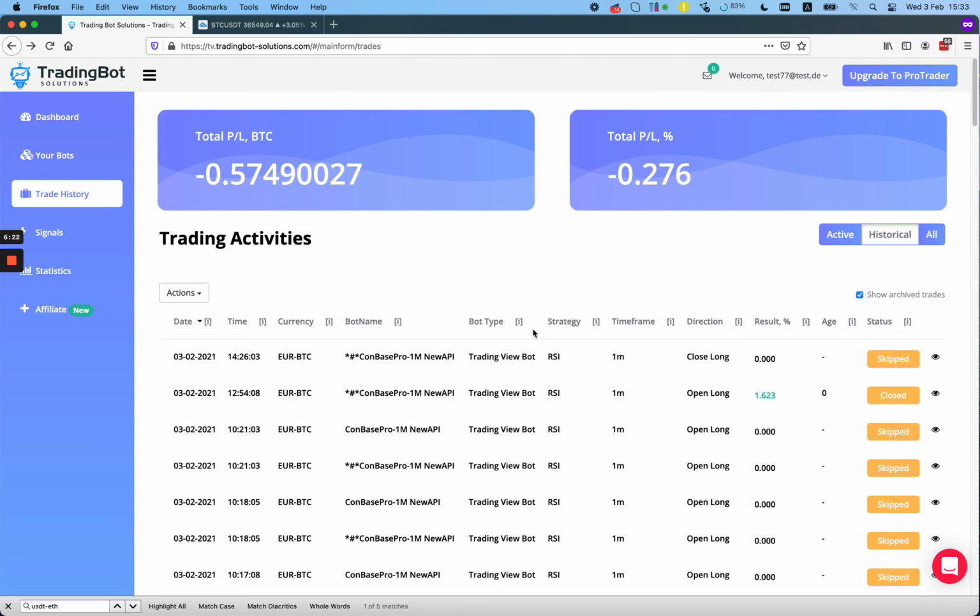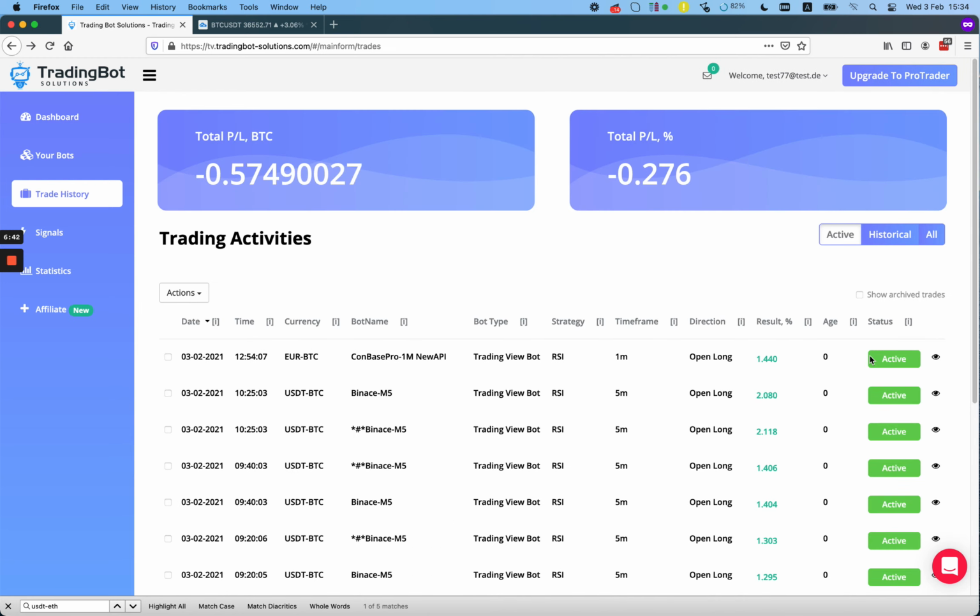I'm not sure if this test account has got some trades that we are looking for, but just to let you know, you will also be able to see the trade history of archived trades if you click this. And if you remove it again, it will update the numbers here again. It will also have an impact on the numbers.